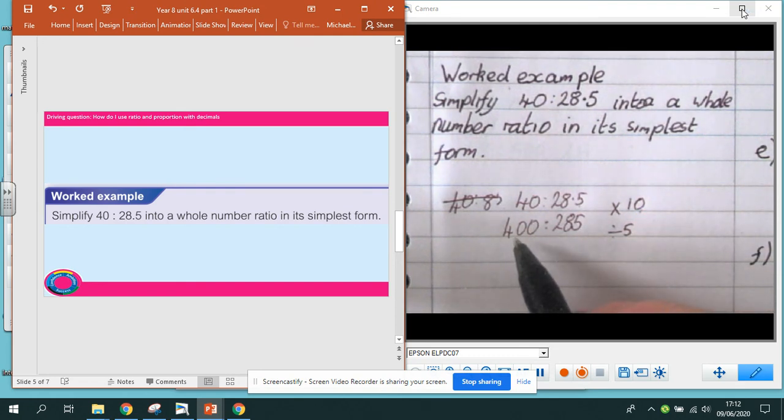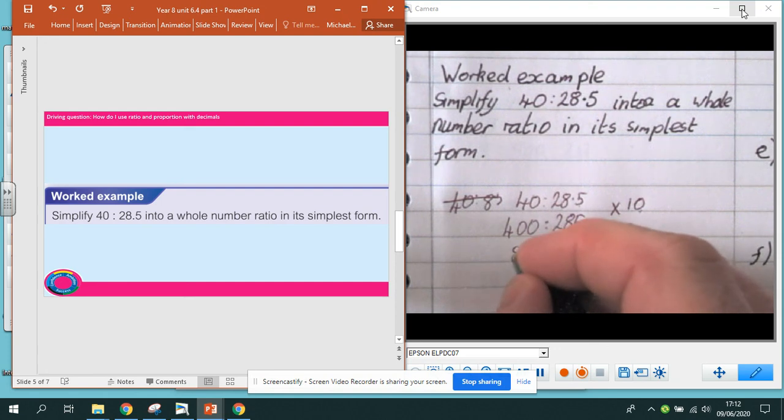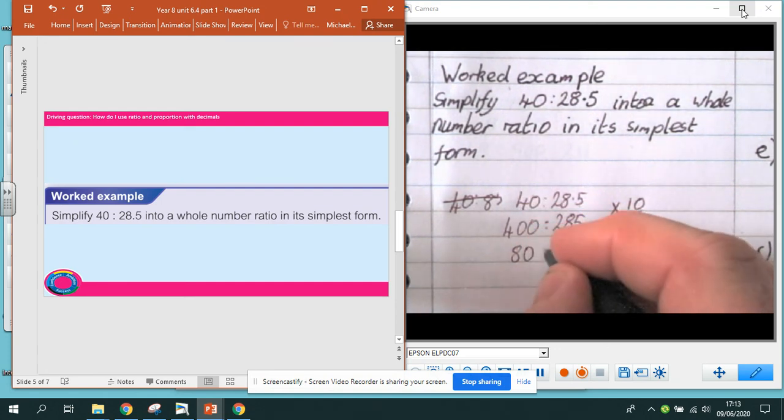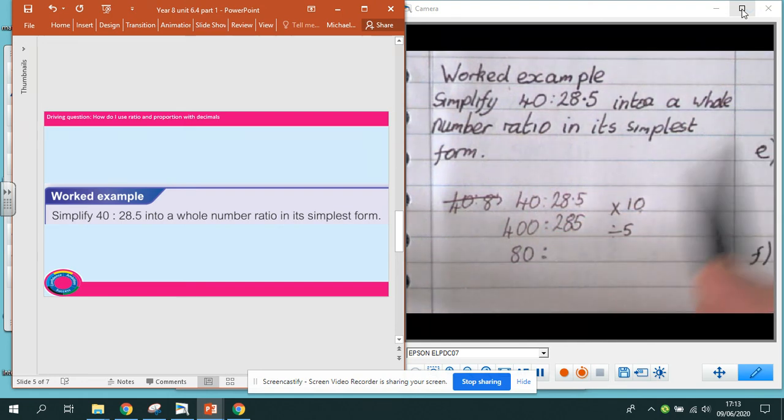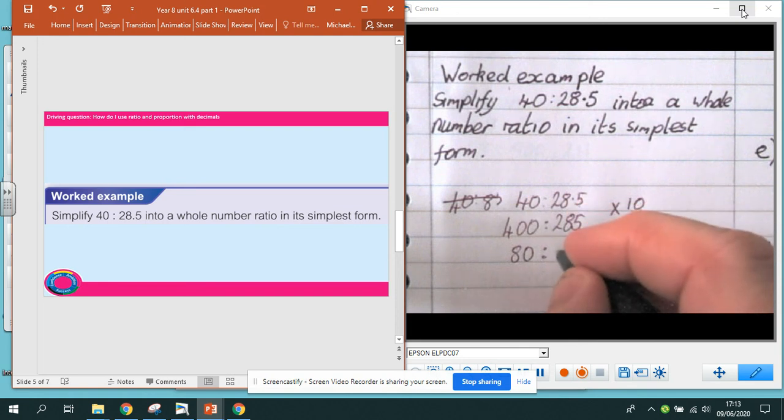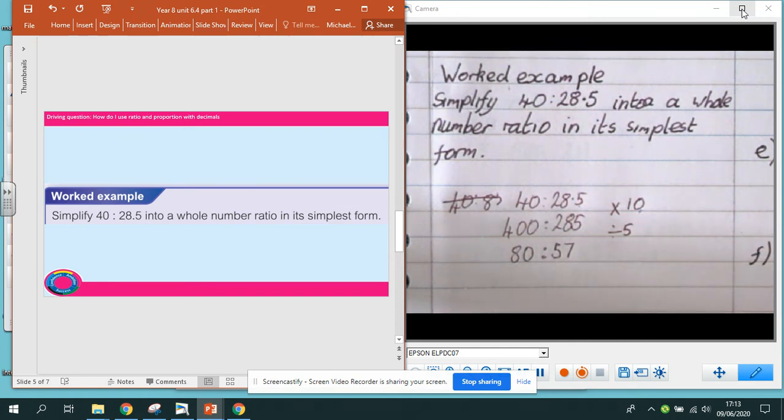There's 25s in 100, so there must be 85s in 400. There are 17 5s in 85, plus 40 for the 200. So 17 add 40 is 57. So now I've got 80 and 57.